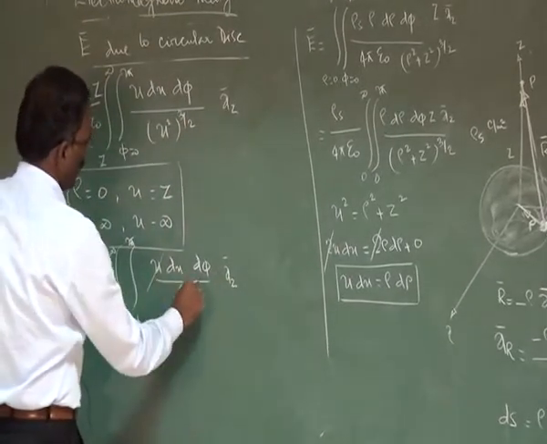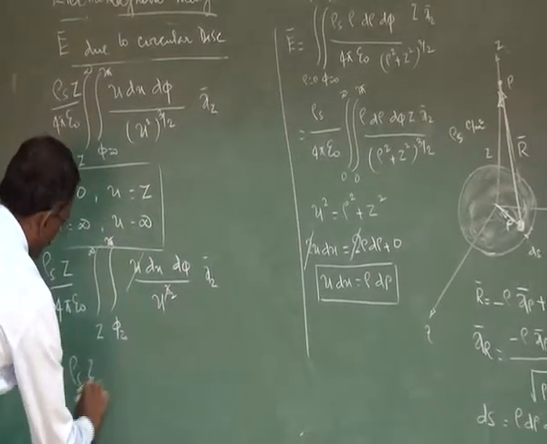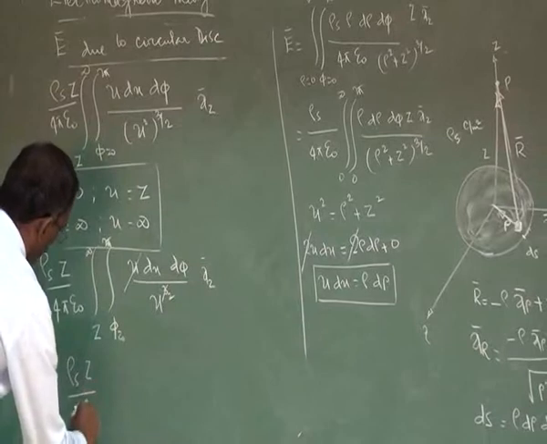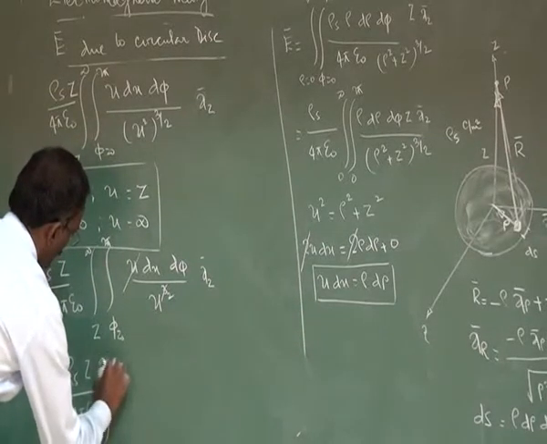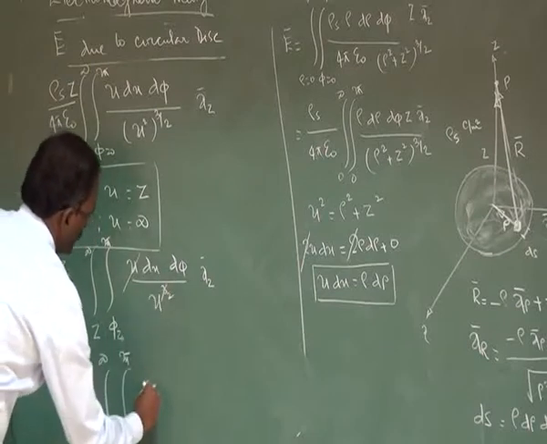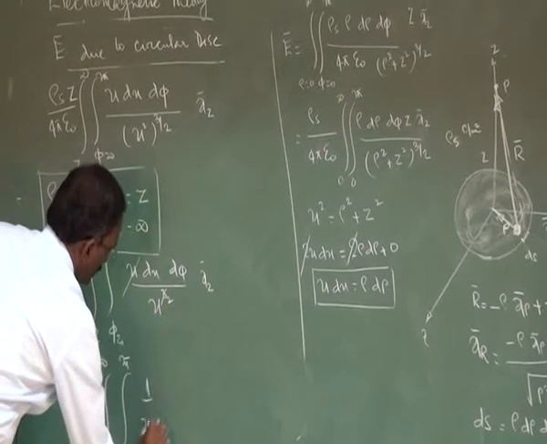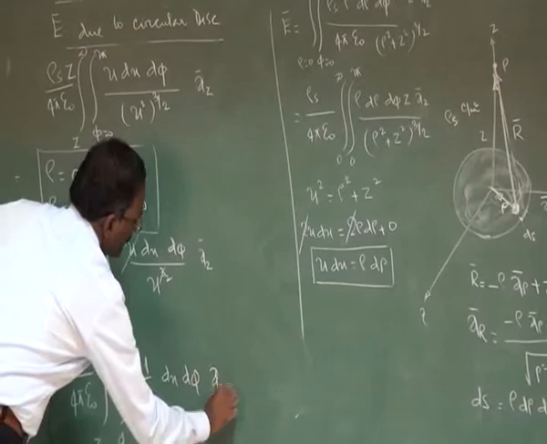So this is u and this will become 2. Right. My next step is rho s z by 4 pi epsilon o, z to infinity, phi is equal to 0 to 2 pi, this is 1 by u square du d phi a z bar.